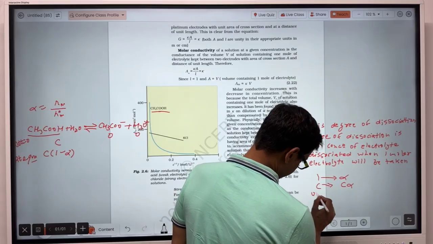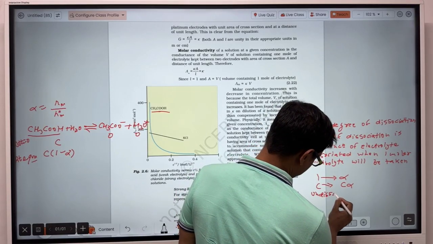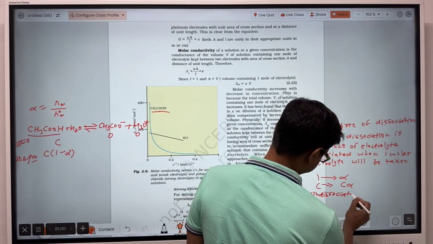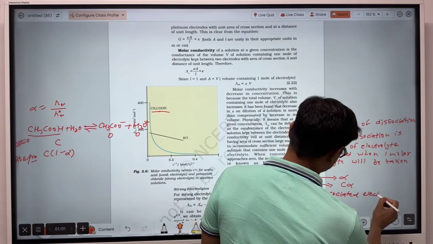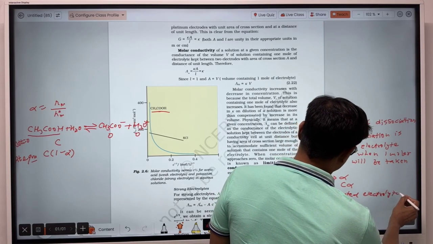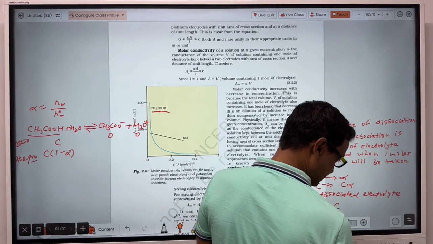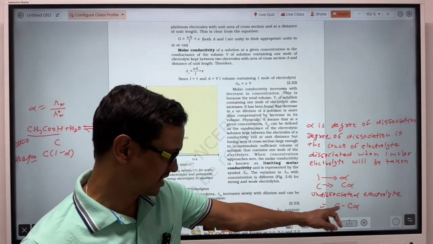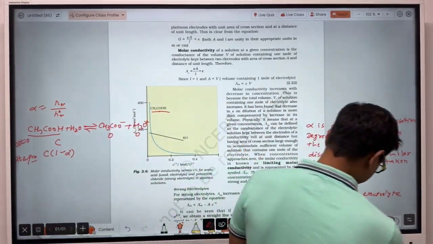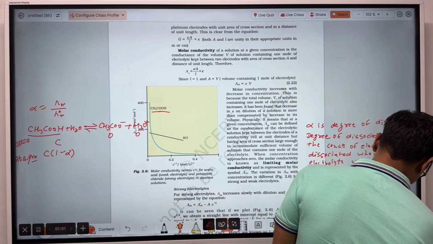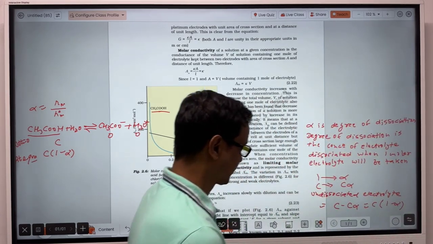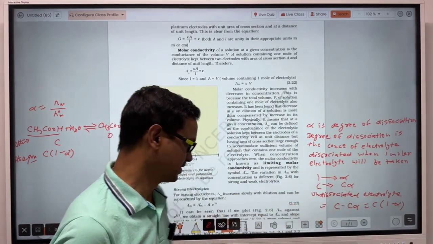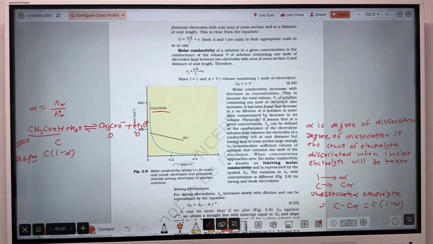So the undissociated electrolyte will be how much? C was there previously and C alpha has dissociated, so that will be C minus C alpha, which equals C taken common, 1 minus alpha. C alpha has dissociated, you have to consider that.